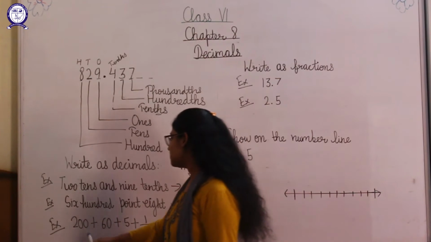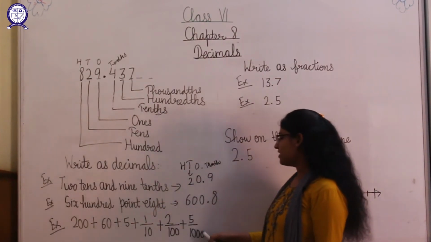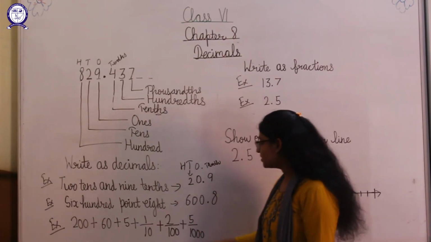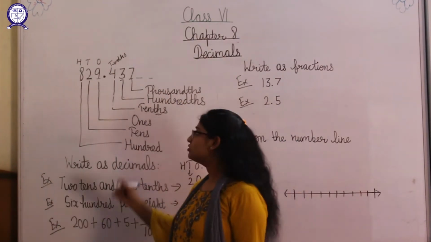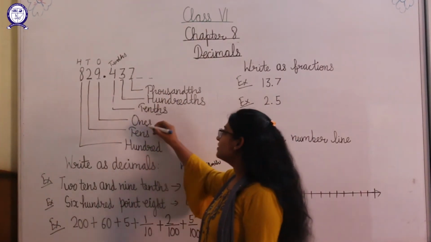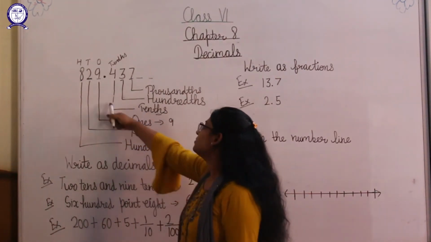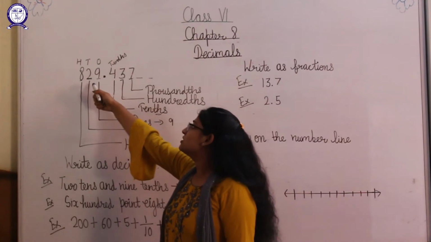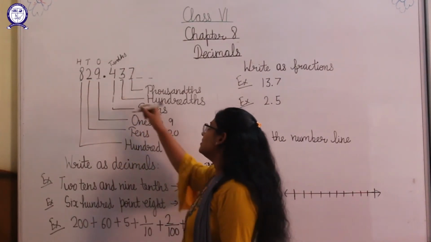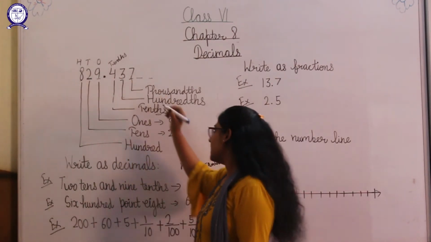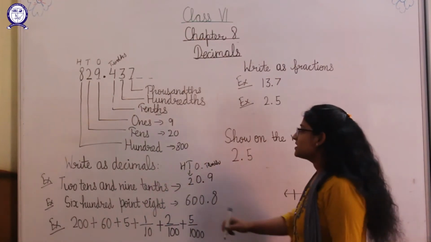Now students, last one is 200 plus 60 plus 5 plus 1 by 10, 2 by 100 and 5 by 1000. Students, what are these numbers? If you will see here, you know about the place values. What will be the place value for the ones digit? Here this is 9, so we will write 9 as it is. Okay, what will be the place value for 2 here? 2 is at the tens place, so its place value will be 20. Here the place value of 8 will be 800 because it is at the hundreds place. Now what about the decimal numbers?